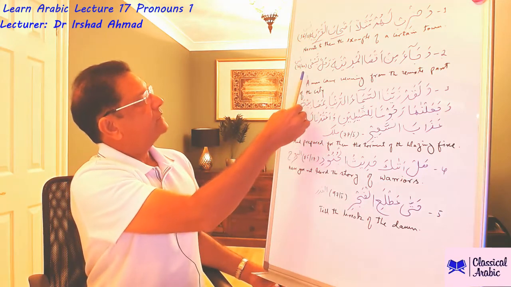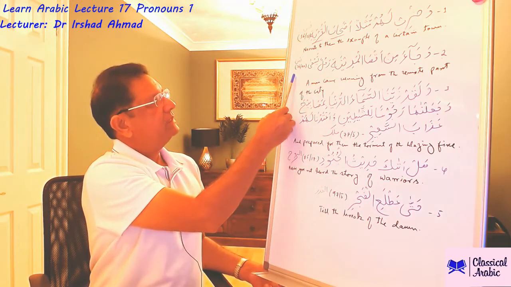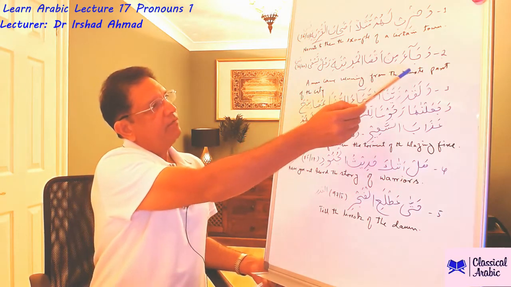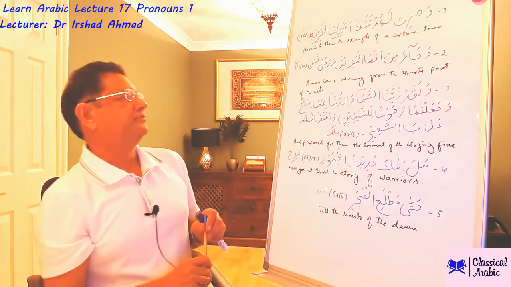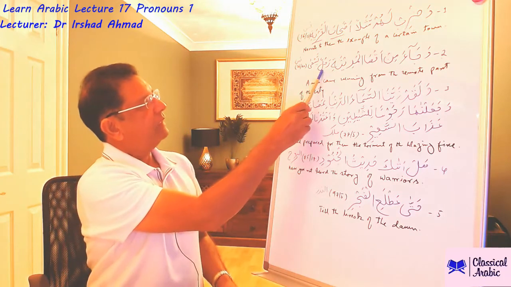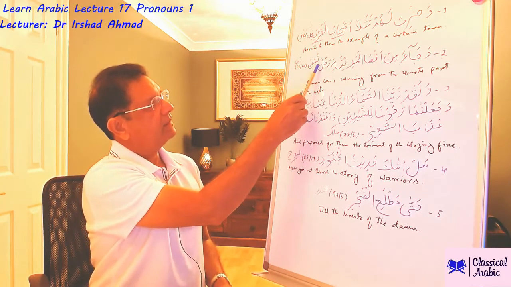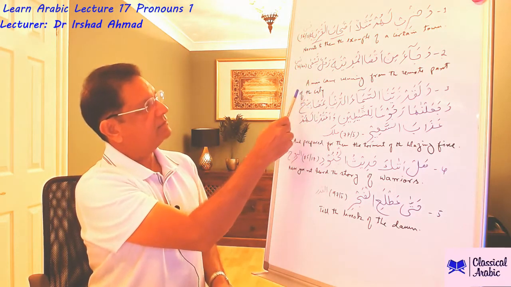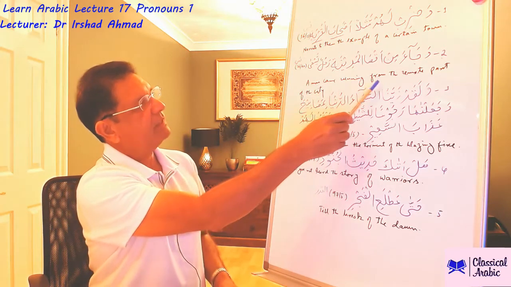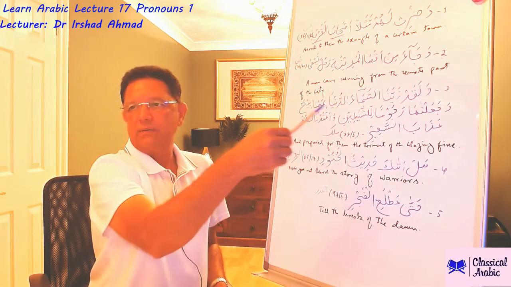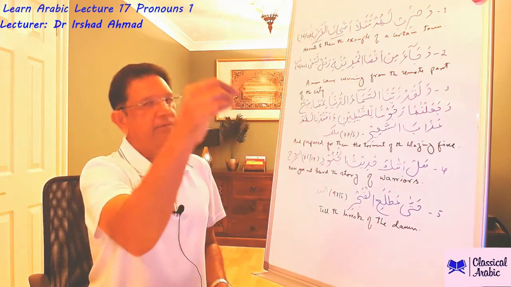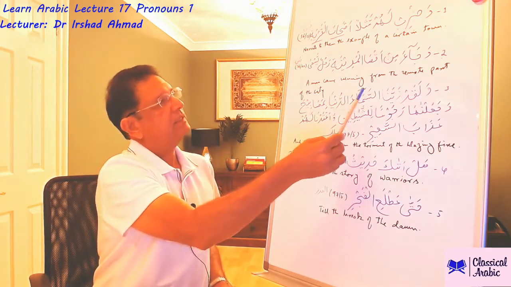And the second example is again from Surah Yasin, ayah number 20. وَجَاءَ مِنْ أَقْصَى الْمَدِينَةِ رَجُلٌ يَسْعَى. A man came running, a running man. This is the translation: a man came running from the remote part of the city, the distant, further away part of the city.